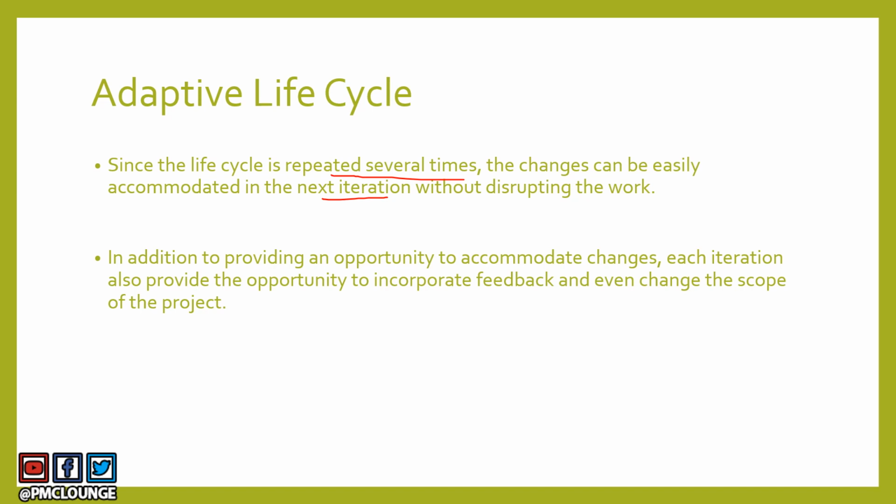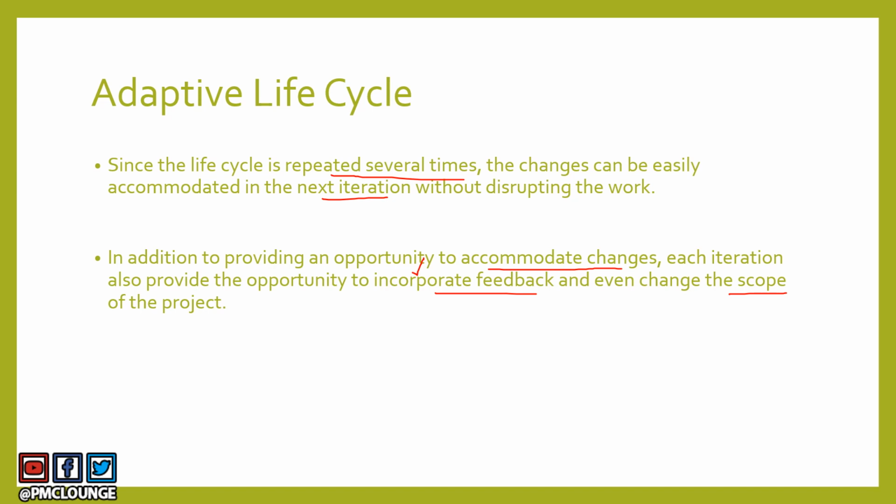So when you deliver an increment to the customer, the customer has an opportunity to suggest changes and you have an opportunity to accommodate those changes. The feedback and the change could be as big as changing the entire scope of the project itself, and you should be okay in incorporating it because you did not plan out the entire project in the beginning.